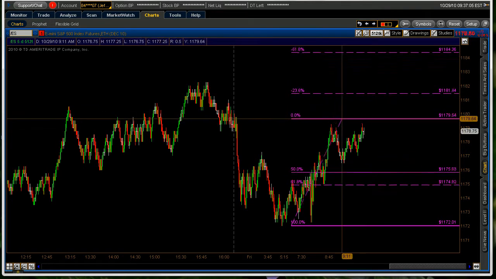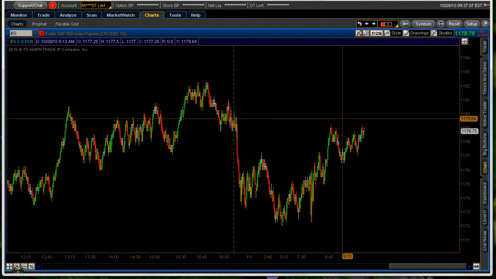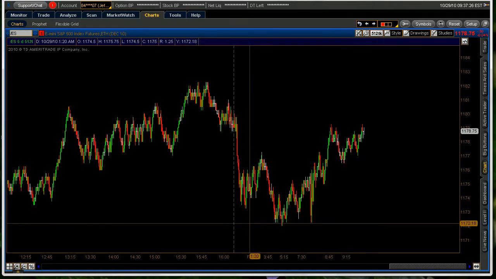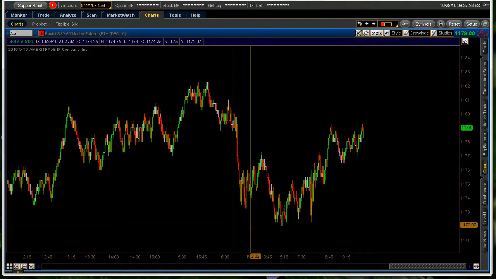So all the shorts have been taken out of this market this morning. Data is out, and it looks like they're going to try to run this higher. It's 9:37 a.m. and I'm going to wait to see what develops into the 10 o'clock time frame, and see if this trend will continue.